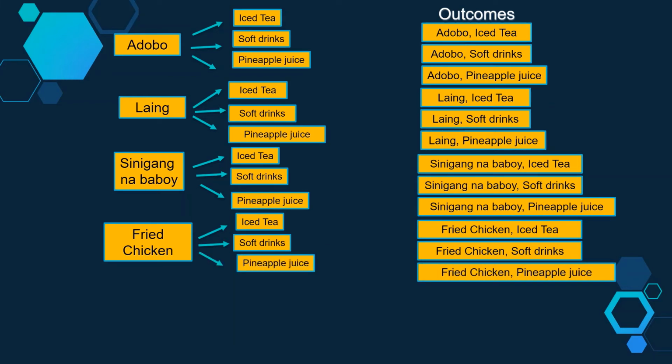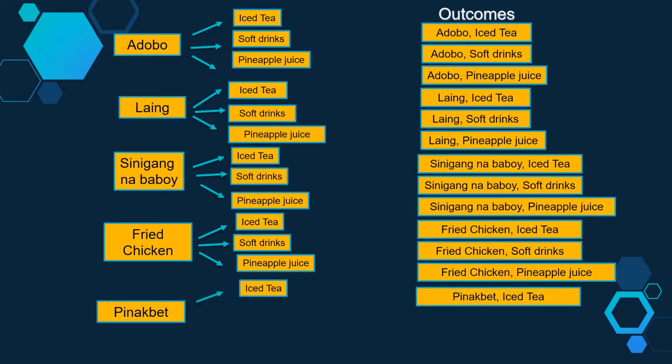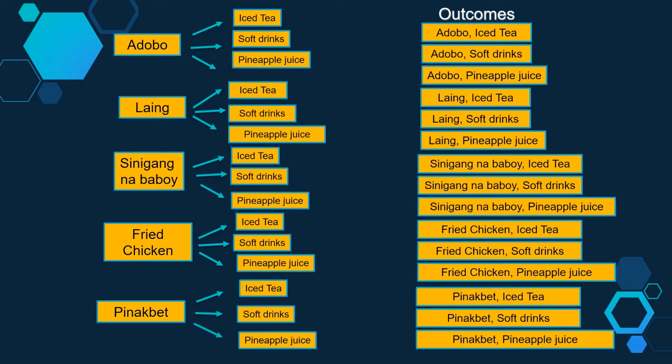And then, meron tayong pinakbet, pinakbet and iced tea, pinakbet and soft drinks, and pinakbet and pineapple juice. So meaning, Mr. Ganinit could select from 15 possible outcomes. So there are 15 possible outcomes.